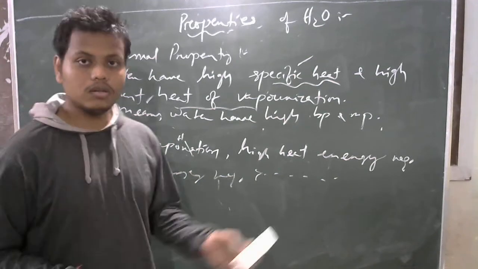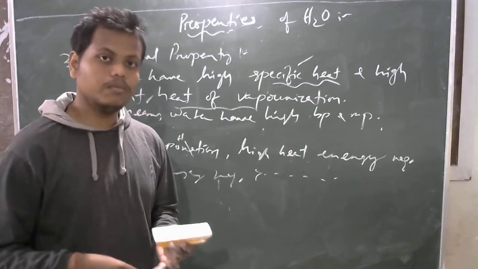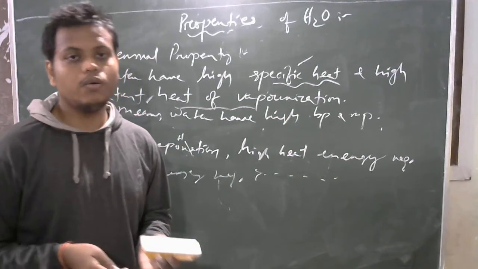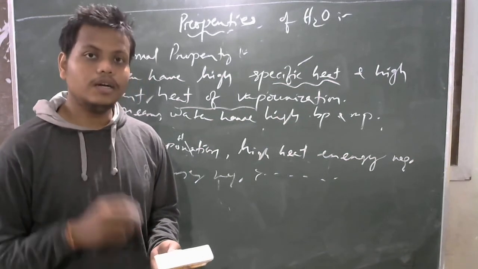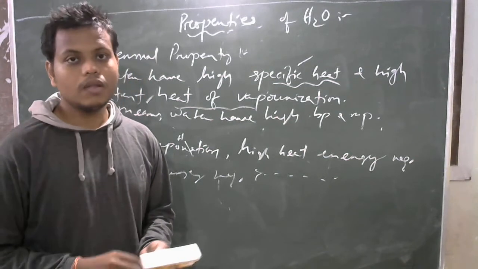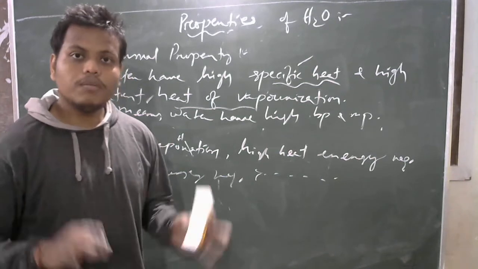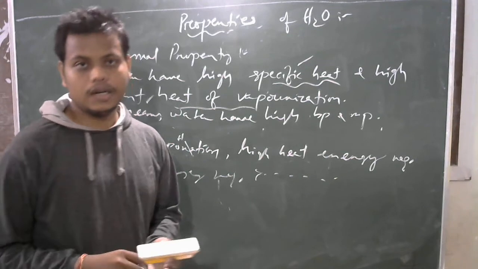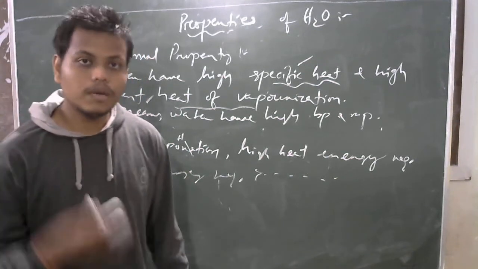When we are playing or exposed to sunlight, our body temperature increases and water molecules evaporate from our body. That's why, due to the evaporation of water, our body temperature stays normal, not overheated. That's why water is also called a thermal buffer.